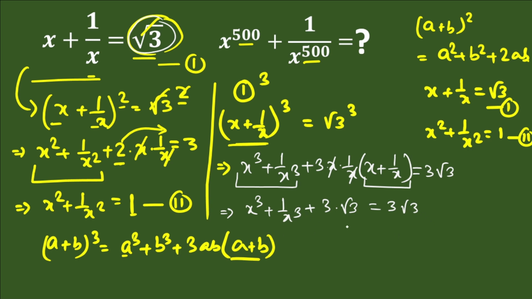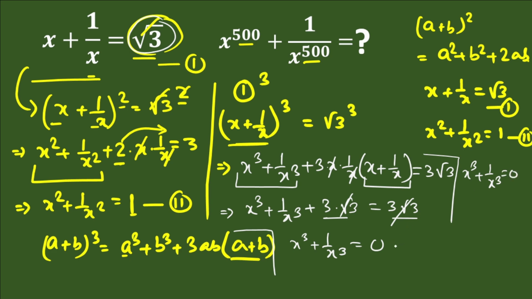Now we'll simplify it. Here the 3 square root 3 on the left hand side and right hand side will cancel. So we are left with x cube plus 1 over x cube, and its value will be 0. So our equation 3 is x cube plus 1 over x cube equals 0.